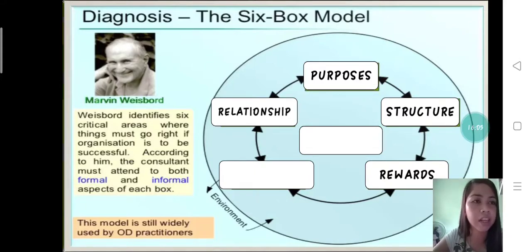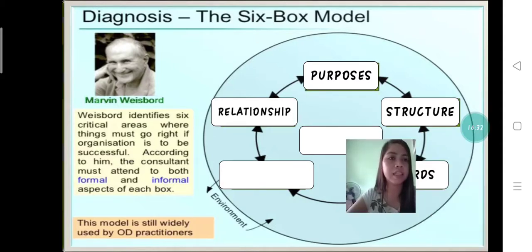Is your administrator giving rewards? Do they recognize your work and your hard work? So for us, as future administrators, since we are upgrading our educational or professional growth and development, this is also one of the areas that needs to be considered.